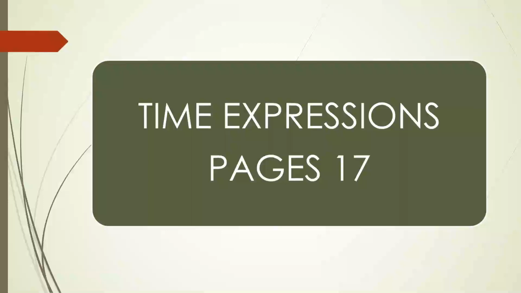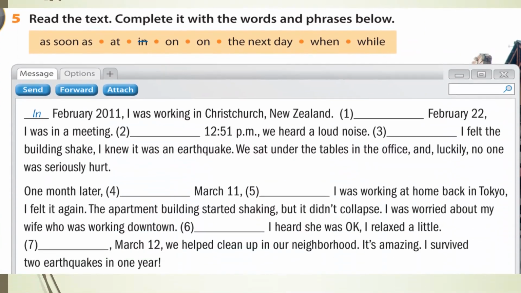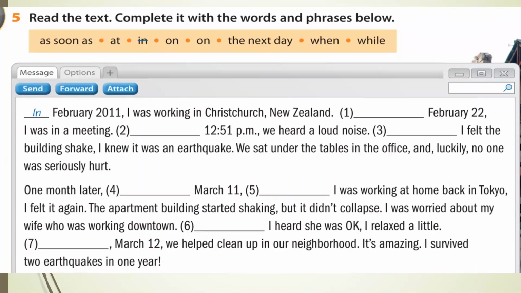Now, we are going to talk a little bit about time expressions. We saw some of the time expressions in lesson number 4. Please take a look. You also have it in your book, page number 17. We're going to do the exercise. In this activity, we have these words: as soon as, at, in, on, the next day, when, and while.